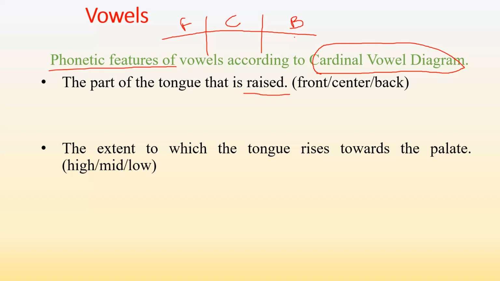Accordingly, if we feel a kind of movement or raising in the front part, we label that particular vowel as a front vowel. If we feel the movement in the central part of the tongue, that vowel is called a central vowel. Accordingly, the back vowel also. If the back area of the tongue feels the movement, that vowel is a back vowel. So all the vowels are either front vowels, central vowels, or back vowels. This is one classification according to the first phonetic feature. 3 types, so 3 classes of vowel sounds are there.